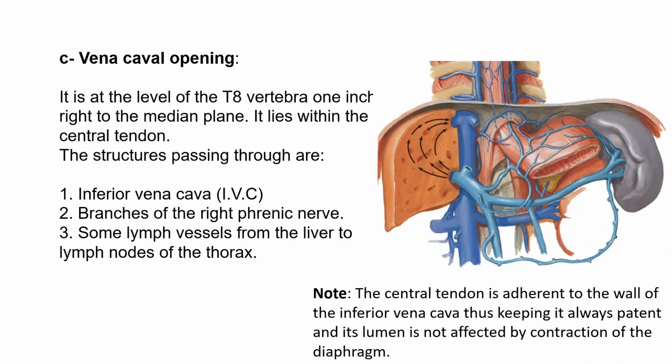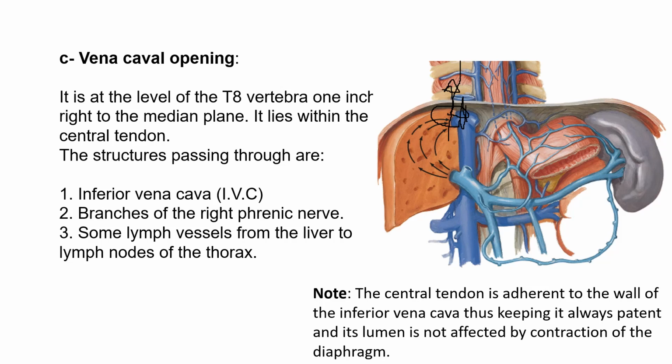The third opening is the caval opening, which lies at T8 vertebrae, 1 inch to the right side of the midline. The structures passing through it are the inferior vena cava, the branches of the right phrenic nerve, and some lymphatics coming from the liver to the lymph nodes in the thorax.